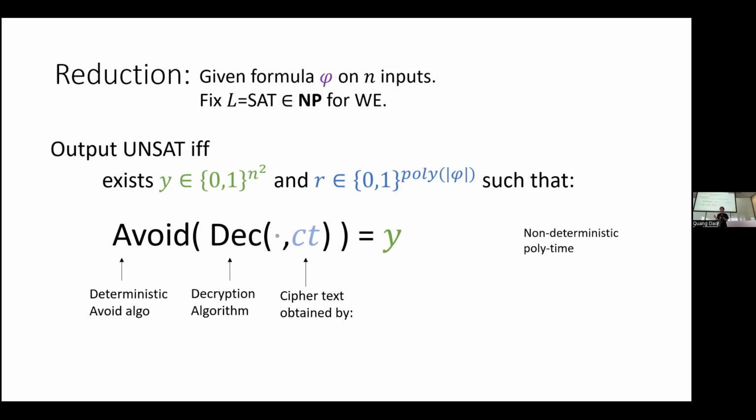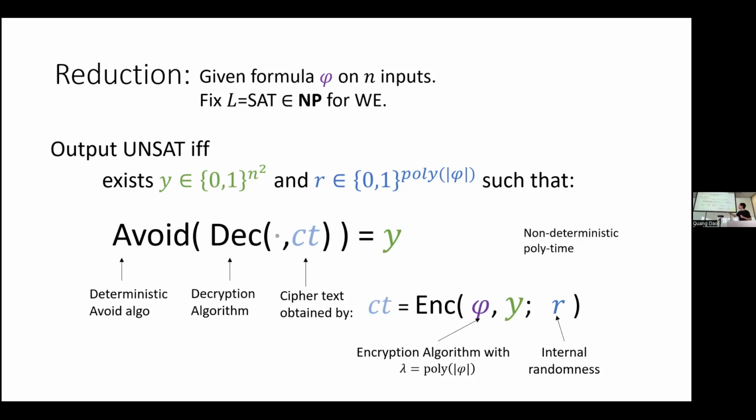So this circuit is a decryption circuit of the witness encryption scheme, where the ciphertext is obtained by the encryption of y. So after we non-deterministically search y and then r, we encrypt this string y over the statement phi with the randomness r and obtain a ciphertext. And then we construct this decryption circuit of this ciphertext, which is supposed to decrypt this ciphertext with a witness of the formula phi in case that it is satisfiable.